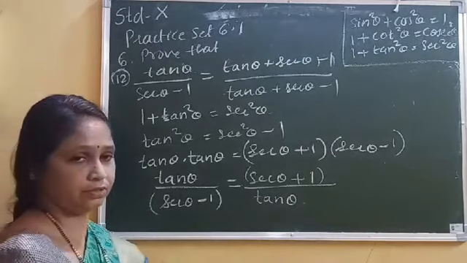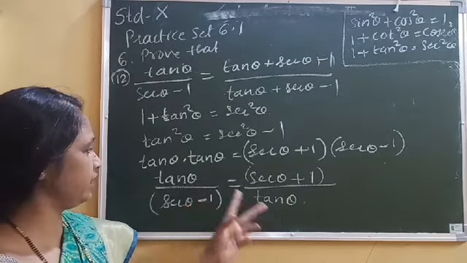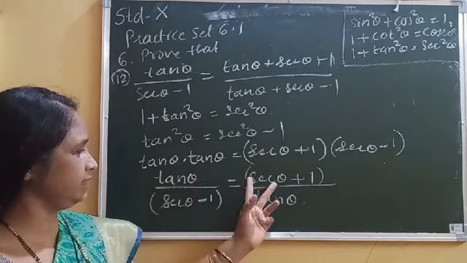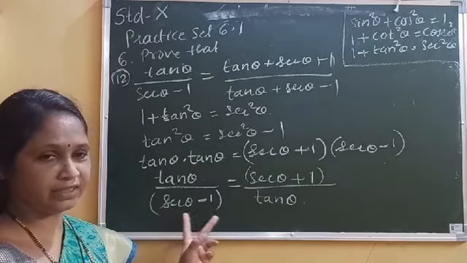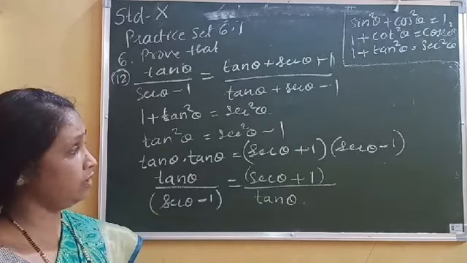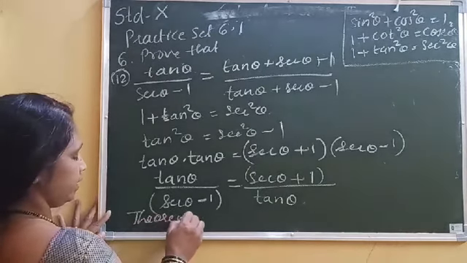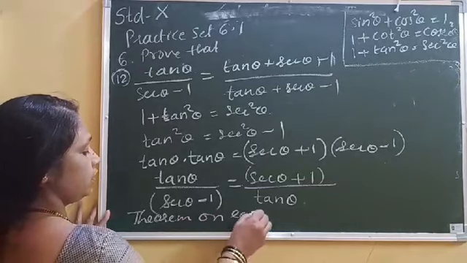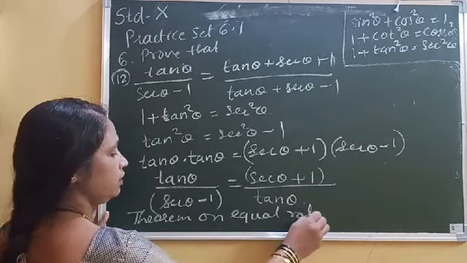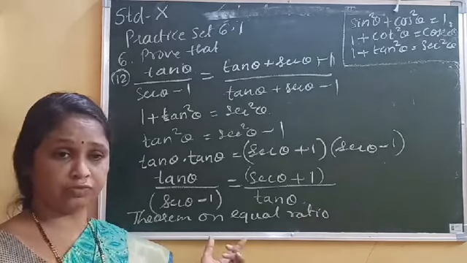Okay, see, we'll do cross multiplication, tan theta into tan theta, sec theta plus 1, sec theta minus 1. Now what? Theorem on equal ratio. You have studied this theorem on equal ratio in 9th standard.